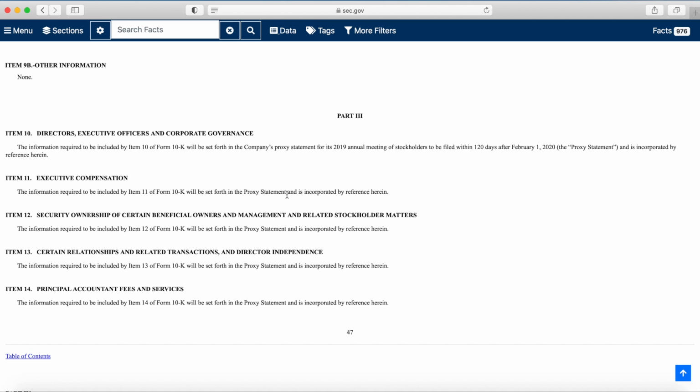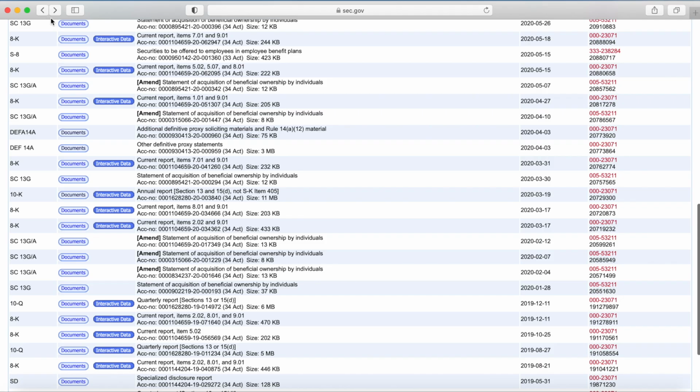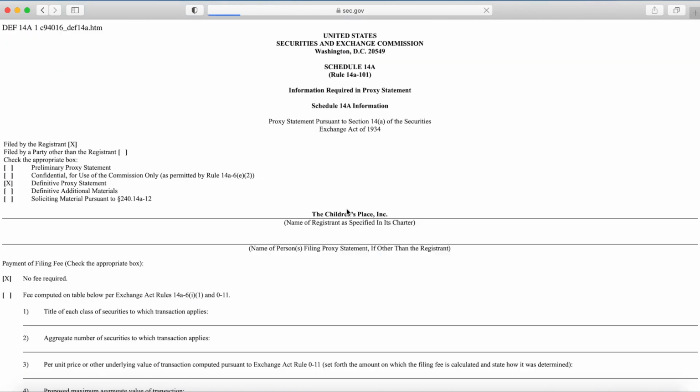So if you see that, that is the Def 14A that I shared with you earlier, in case you're curious and ever want to look at it yourself. So you'll see here's the 10K that they filed, and then it'll be the proxy statement right after that. So there it is here.